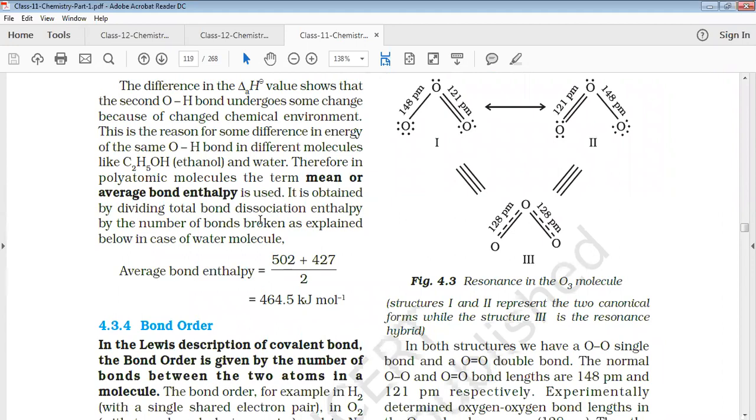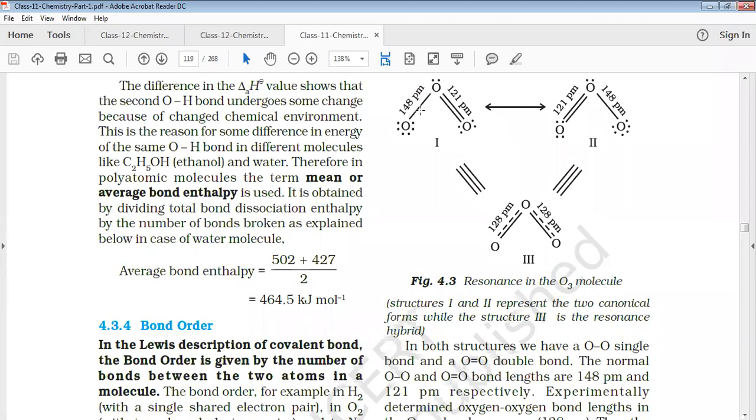Average bond enthalpy means for each of the atoms, for example here you can see 3 atoms are present. For each atom, bonds break. If this bond breaks, it will give some energy. If this bond breaks, it will give some energy. Overall, how much energy it will release for the entire molecule, if you calculate that, it is called average bond enthalpy.